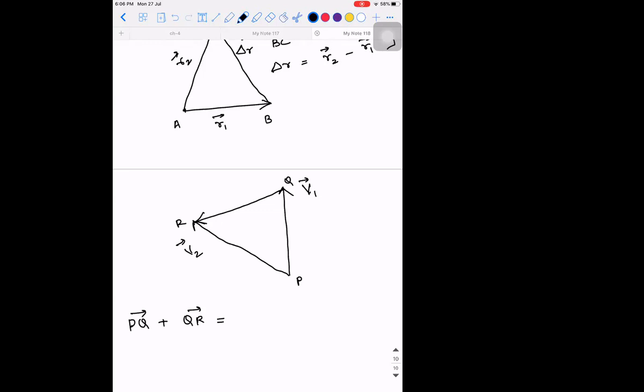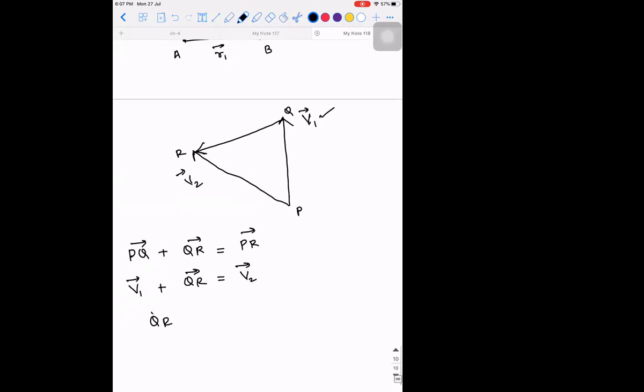PQ vector plus QR vector is equal to PR vector. Correct? So what is PQ vector? It is V1 vector. PQ vector is V1 vector. Plus QR vector is what you need to find, guys. This is equal to, what is PR vector? V2 vector. Very good.